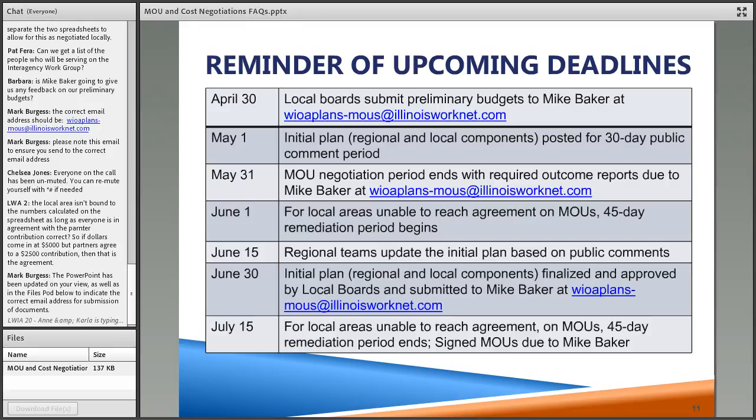Okay, thank you. All right, next question: is the local area bound to the numbers calculated on the spreadsheet if they are in agreement with the partner contribution? So an example is if dollars come in at $5,000, but partners agree to a $2,500 contribution, then that's the agreement.